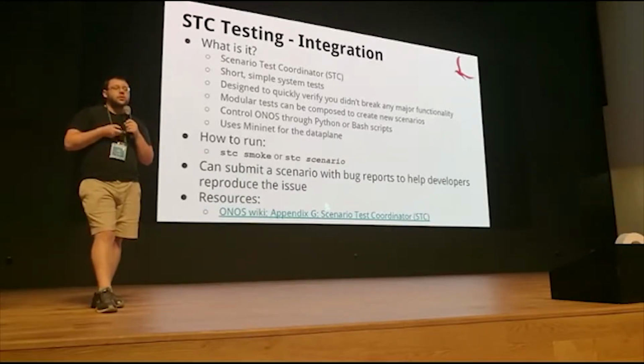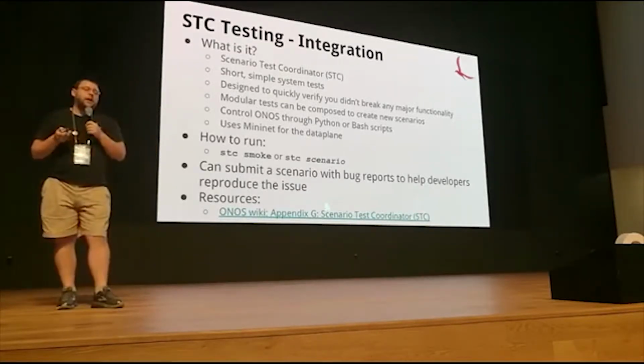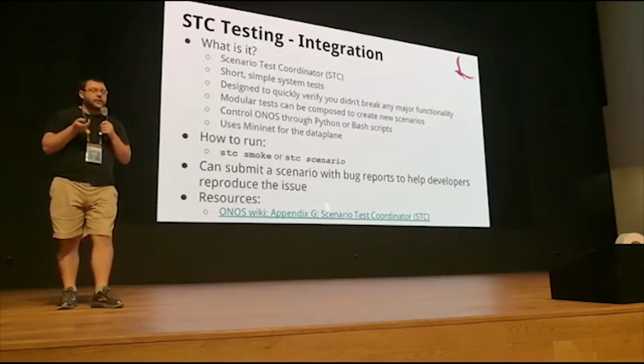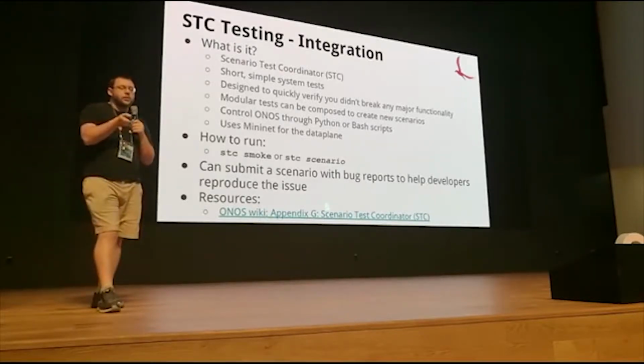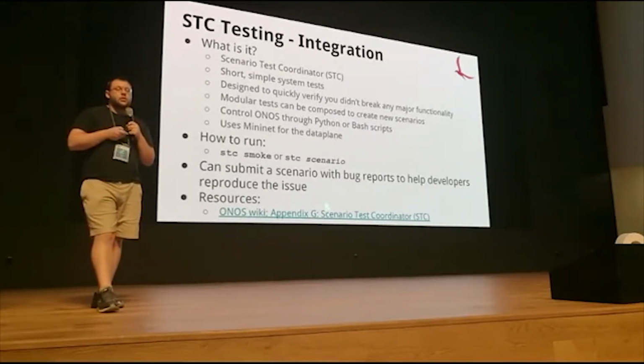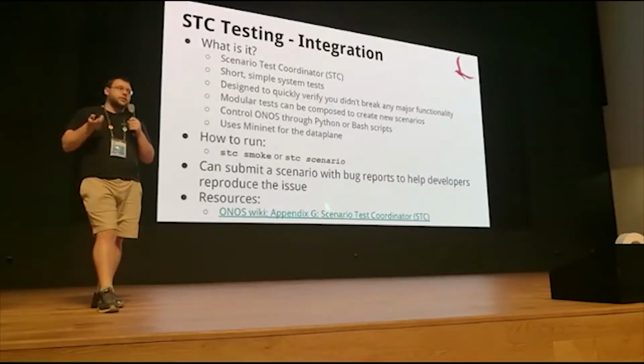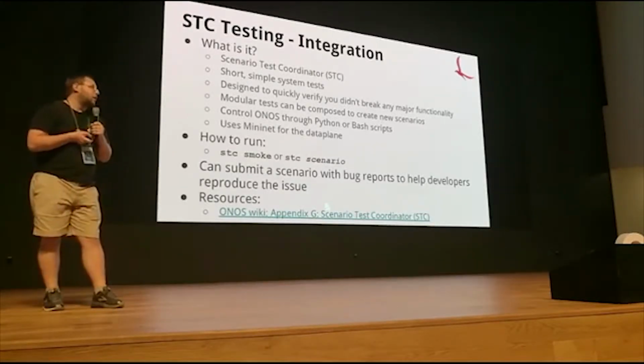This will help the developer reproduce the issue, and when they fix the issue, it'll help them verify that they've actually fixed it. There are several pages on the wiki under Appendix G that explain what Scenario Test Coordinator is, how to write new tests, and how to run them.